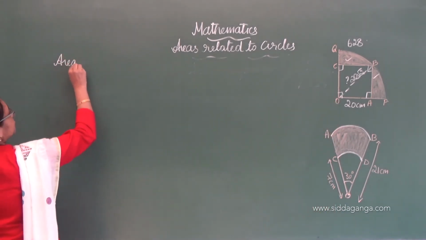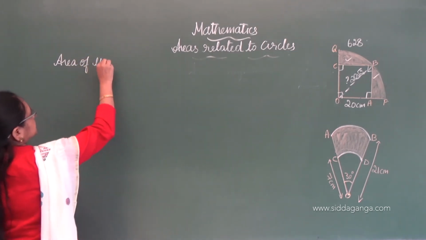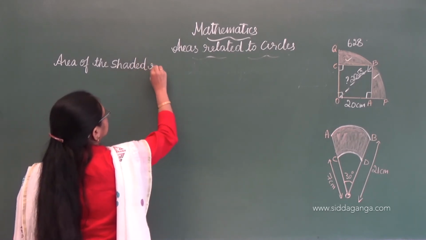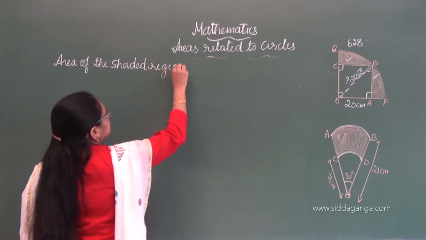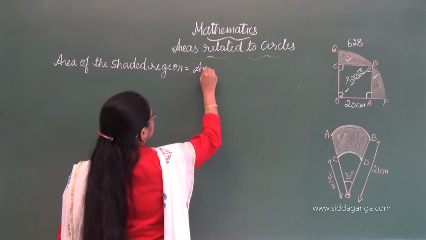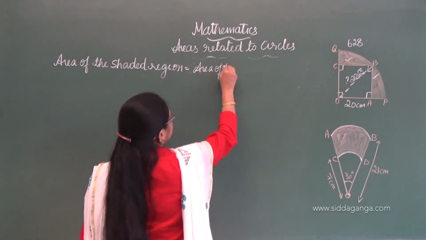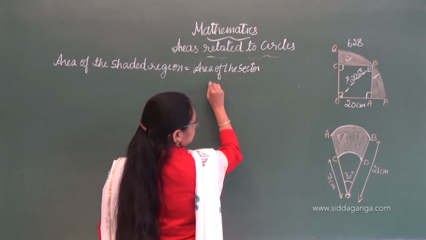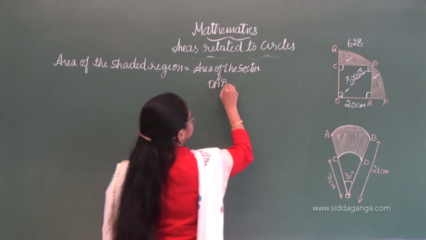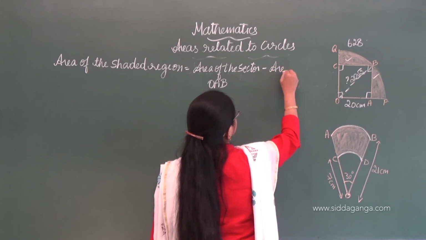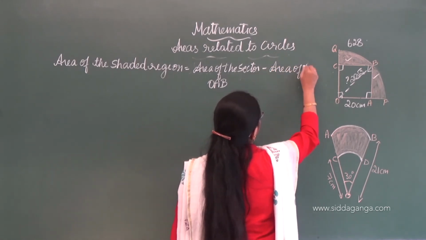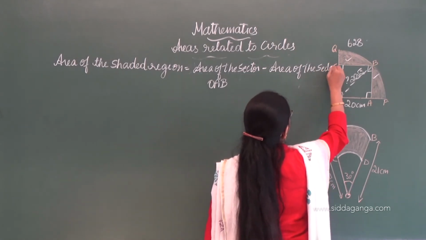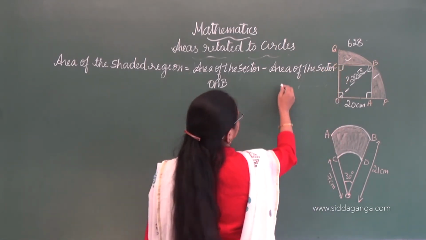Area of the shaded region is equal to the area of the sector OAB minus the area of the sector OCD.